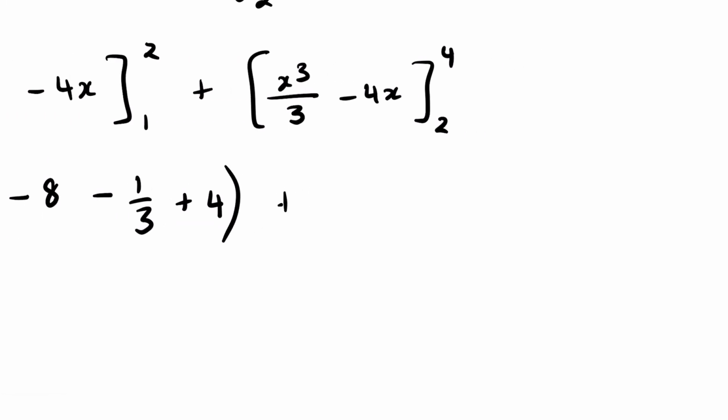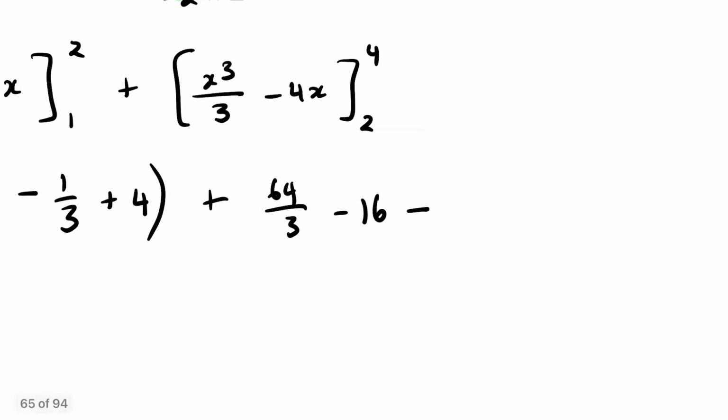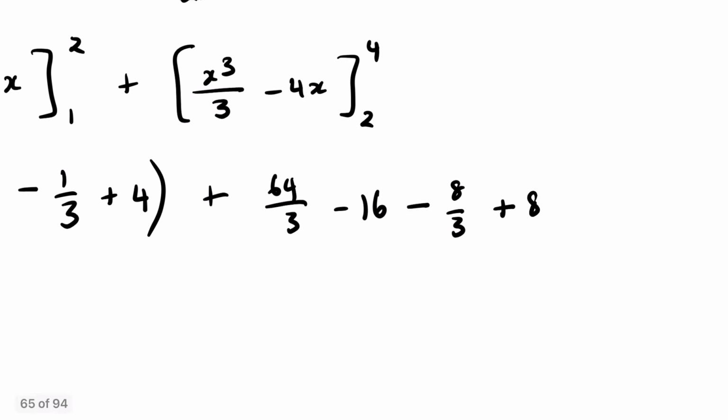All right, next bracket, 4 cubed, 64 on 3. 4 times 4 is 16, minus, again, I'm not putting the bracket, I'm just going to make them all negative straight away. 2 cubed is 8. And then plus, because negative times negative, 4 times 2 is 8.